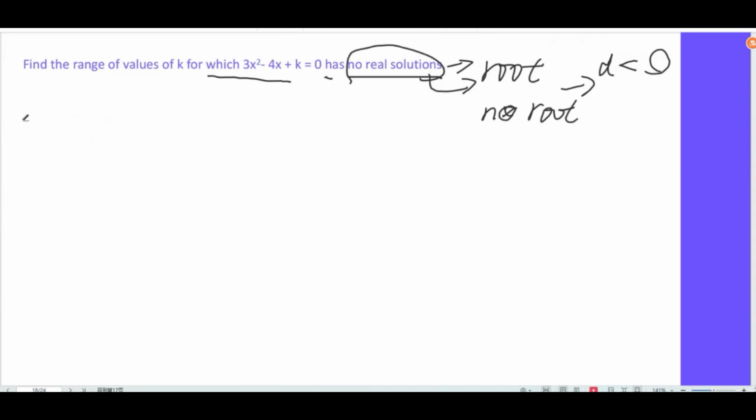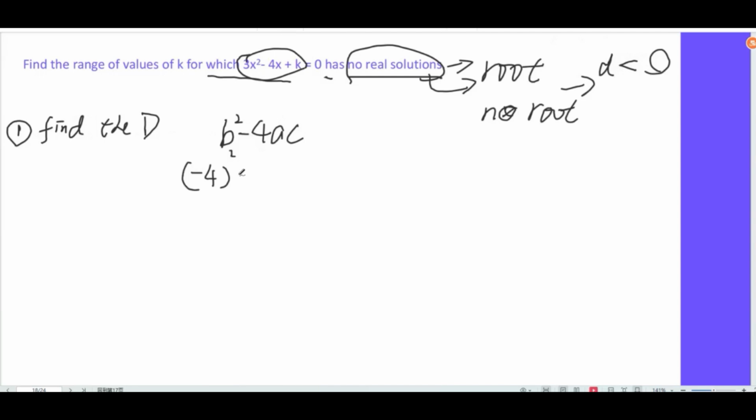So the first thing we have to find is the discriminant. The discriminant can be written as b squared minus 4ac. In this equation, b equals minus 4, squared, and minus 4a, where a here is 3, in brackets, and c here is k.